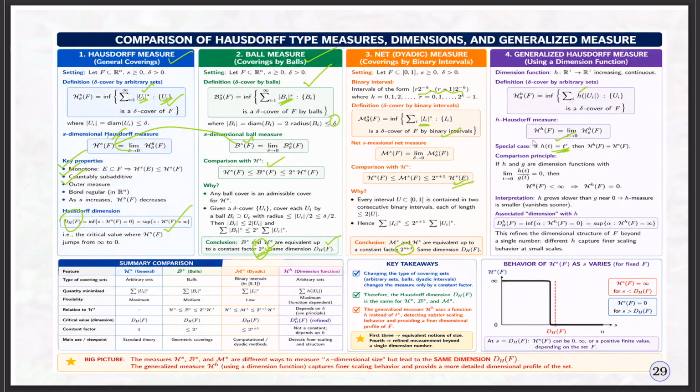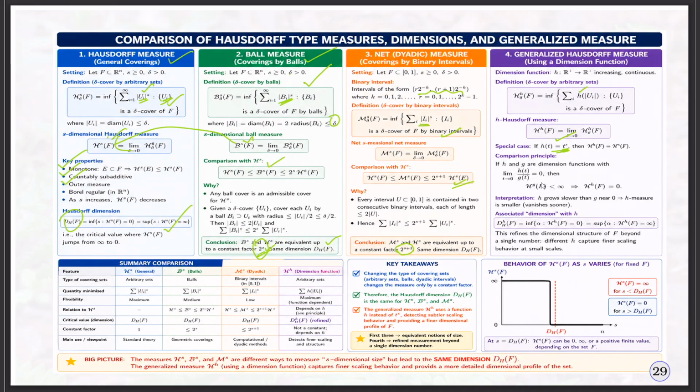So for the comparison between the s-dimensional Hausdorff measure and this one: h and g are dimension functions with h of t over g of t equal to 0 as t tends to 0. Then H^g is less than infinity and H^h is equal to 0.